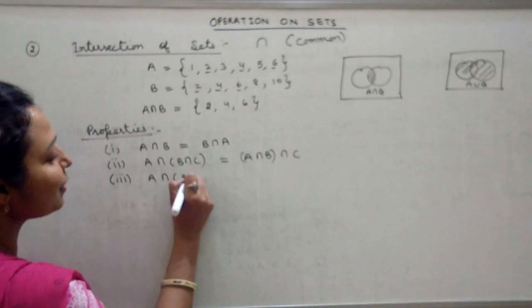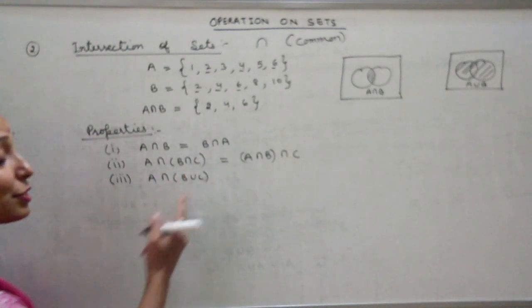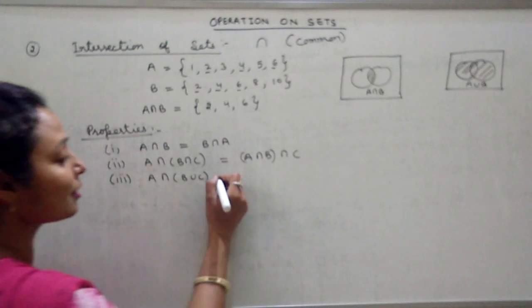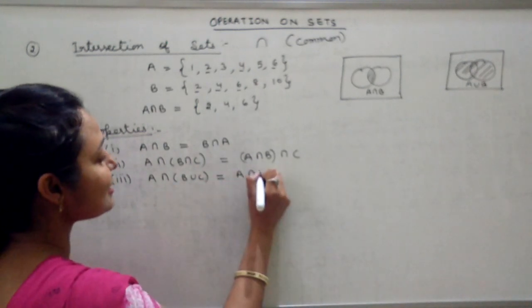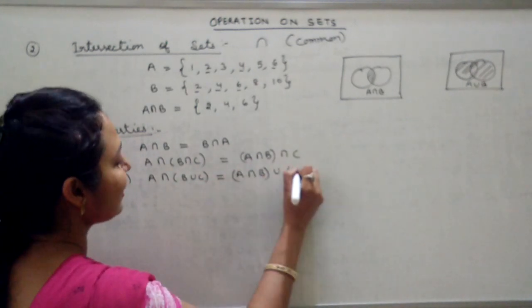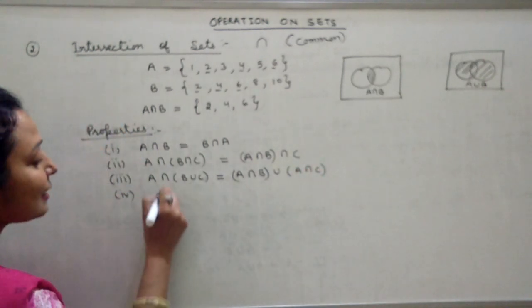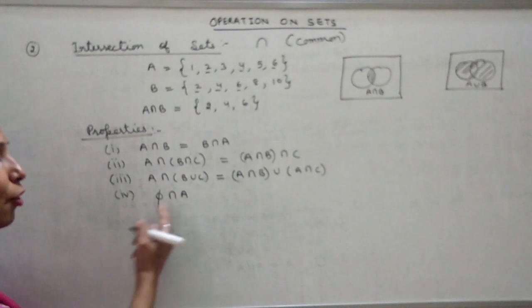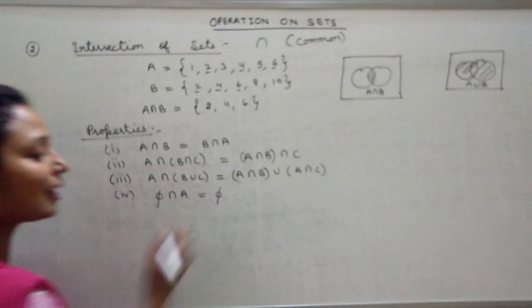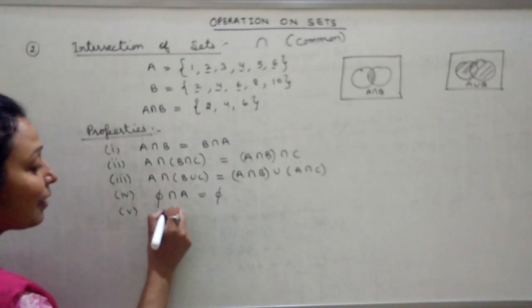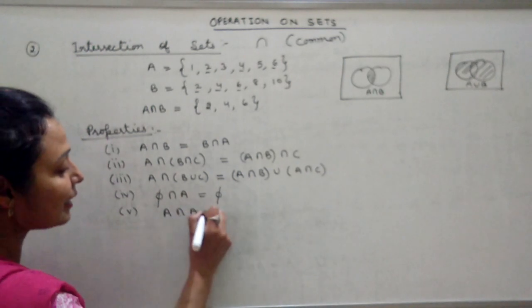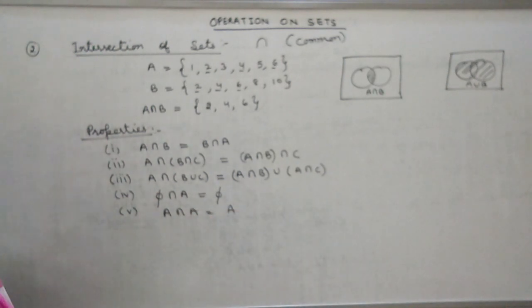A intersection B union C, the distributive law is a combination of two operations, will be equal to A intersection B union A intersection C. Now fourth, phi intersection A. What is common in these two? That is equal to phi. Fifth property, A intersection A is always equal to A.